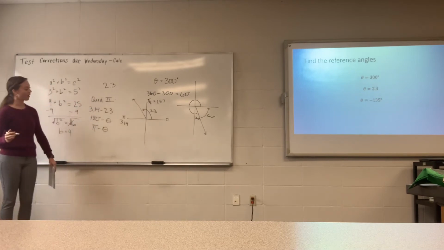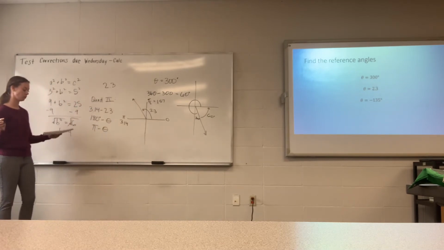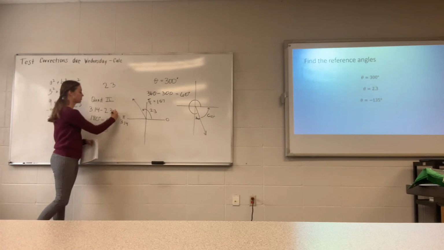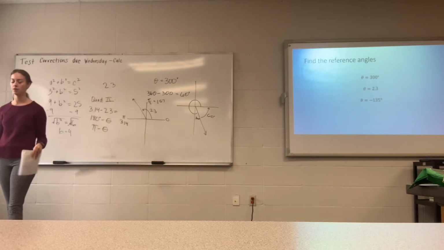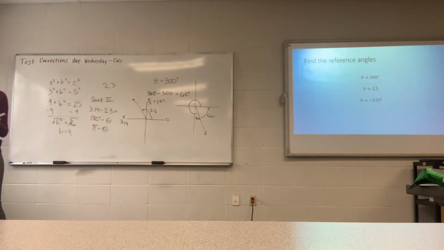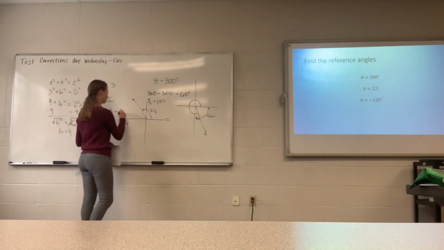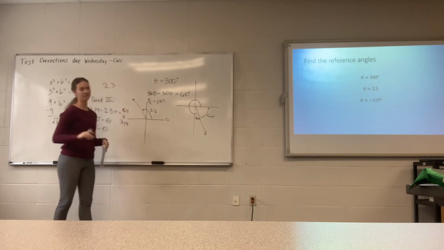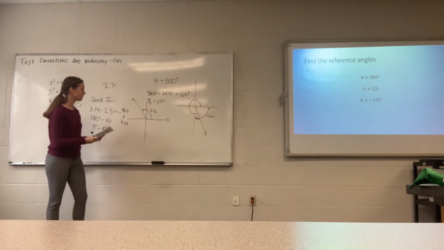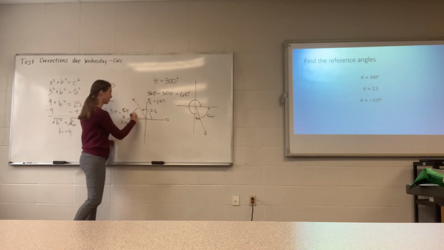We know that pi is 3.14, so if I take 3.14 minus 2.3, someone types that in, what do we get? 0.84. So for this one, to get from here to my x-axis, I have to go 0.84 more.